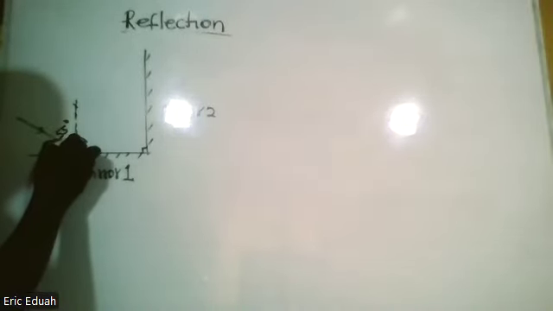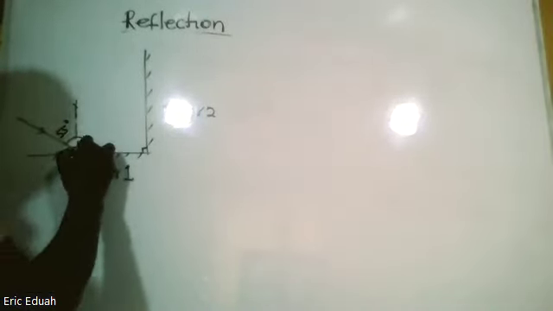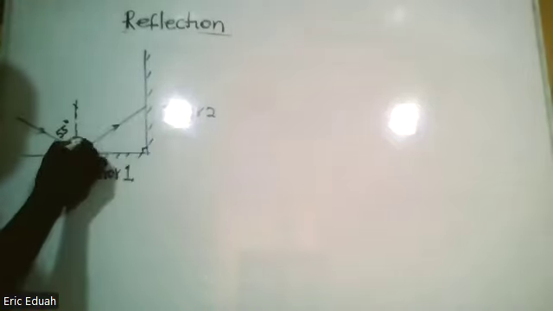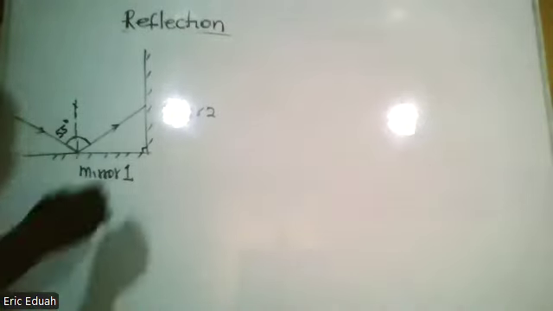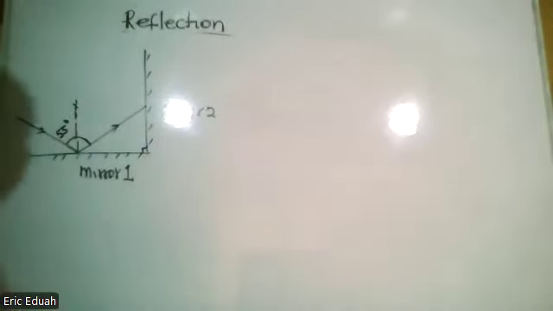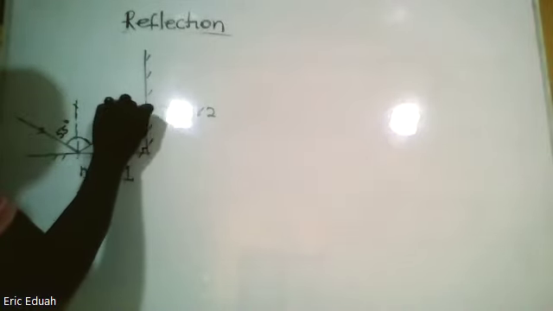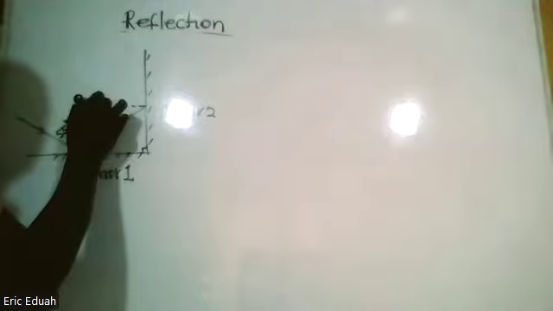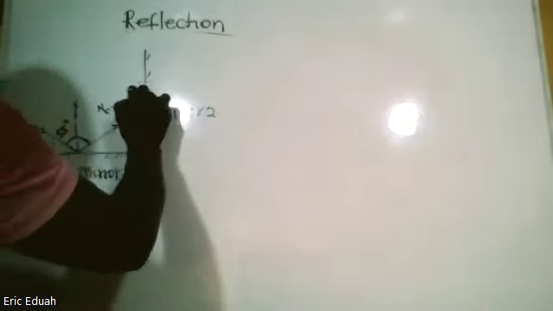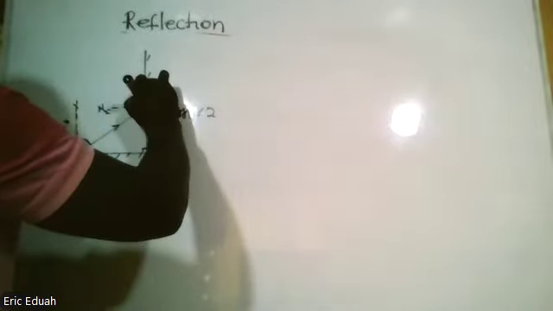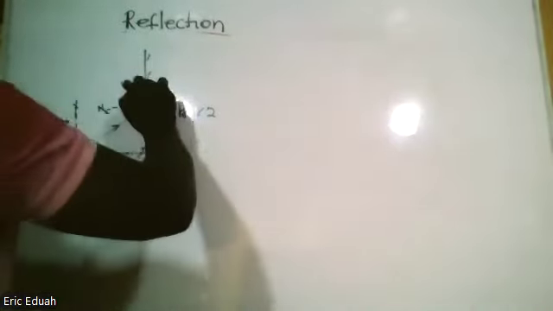So if there's 55, I must also get 55. Once this is also a mirror, there will be reflection at normal 2, so that the laws of reflection would also be obeyed.